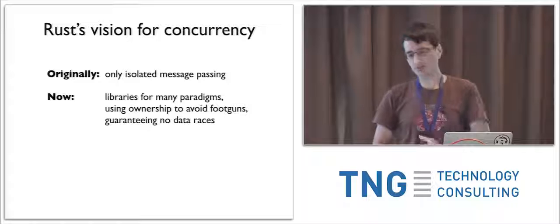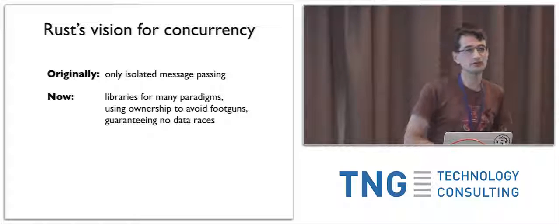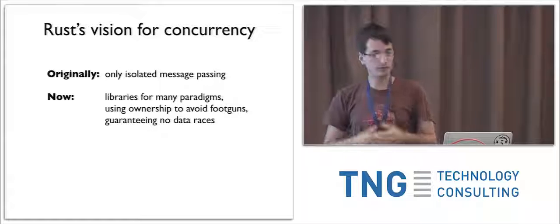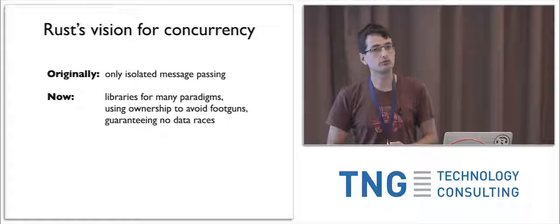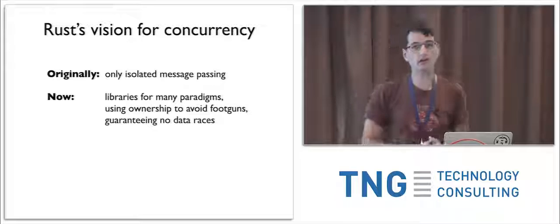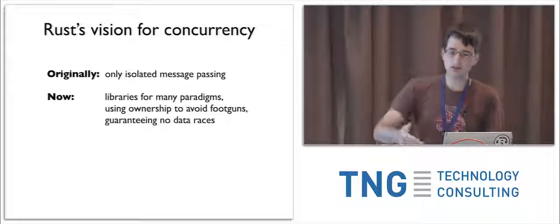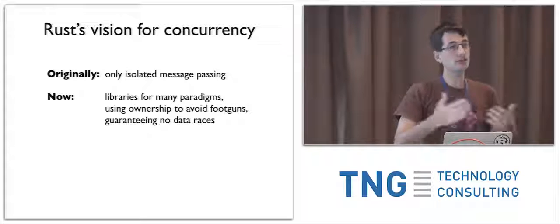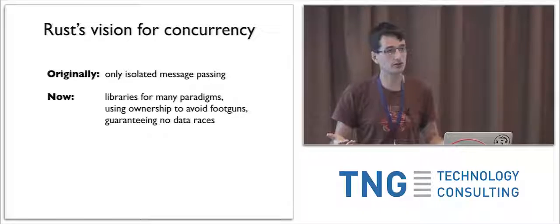And Rust actually has a pretty interesting concurrency story over time. In the ye olden days, we only had message passing. We figured that's a pretty simple way to reason about concurrency, and we'll just have that, and that'll suffice for everyone. But over time, as a systems programming language, we realized that there are many other paradigms for sharing memory with concurrency as well.